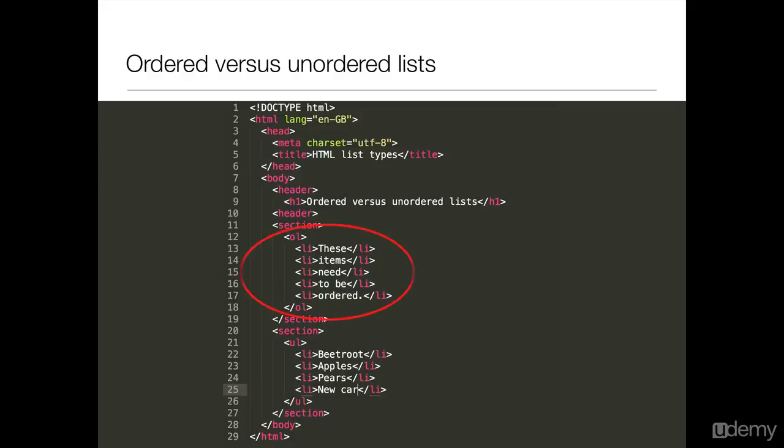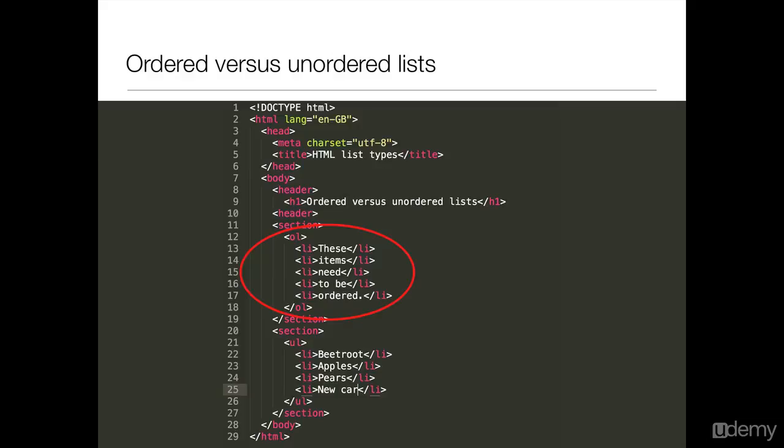So use an ordered list when the sequencing of the items in the list matters. That particular sequence doesn't make sense, at least doesn't make the intended sense, unless I have those items presented in the sequence there.